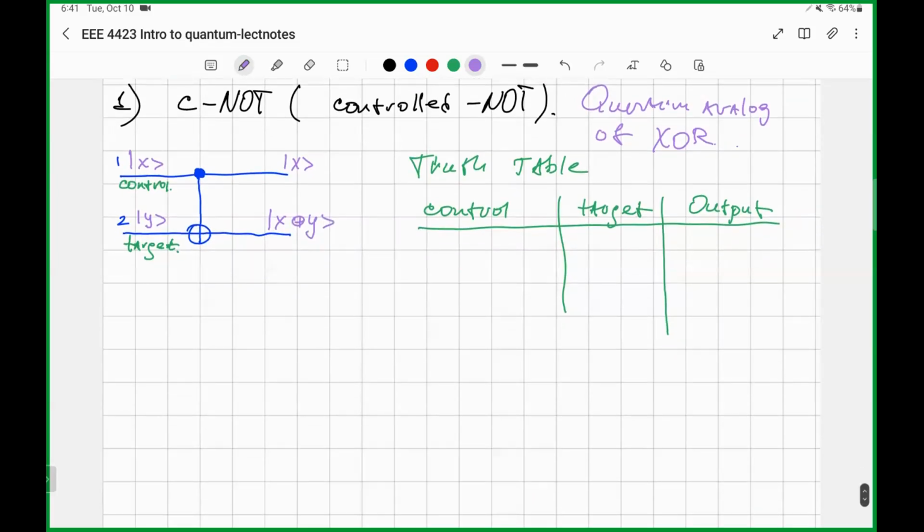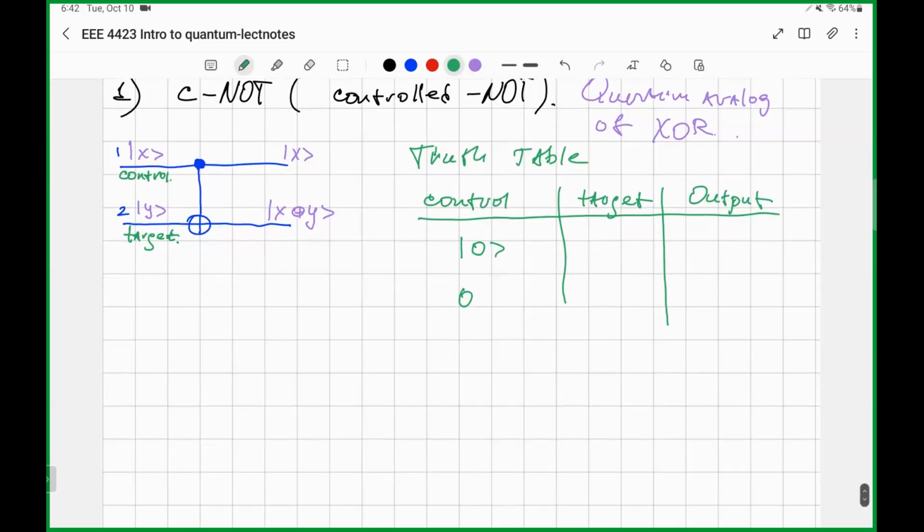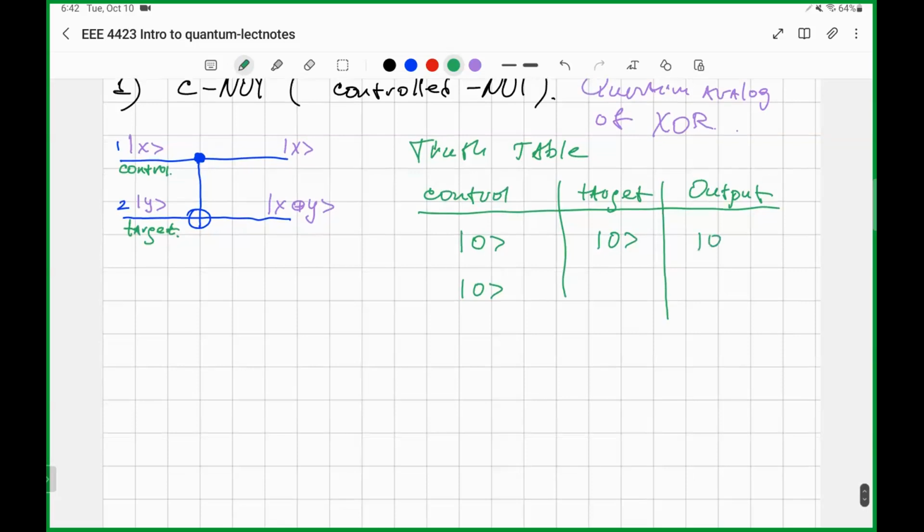What it means is exactly the same as what we had for the XOR gate. If the control is 0, the target is not changed. So if the target is 0, the output is 0.